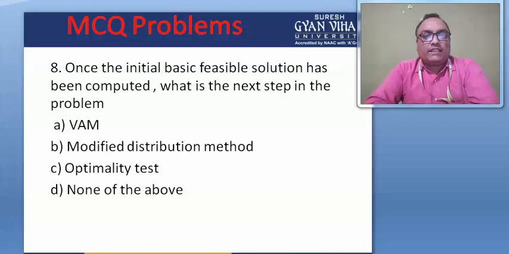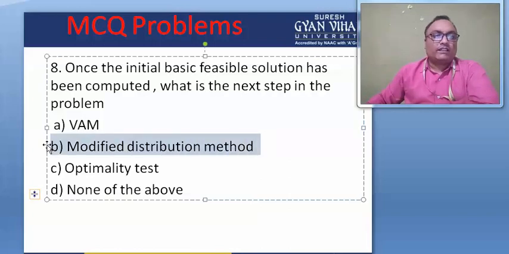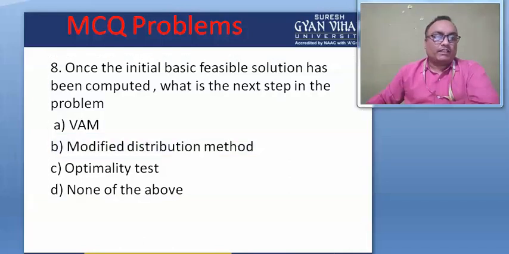Once the initial basic feasible solution has been computed, what is the next step in the problem? The next step is that we can solve the problem by the MODI method, the modified distribution method, right? So B is the right answer for this question.